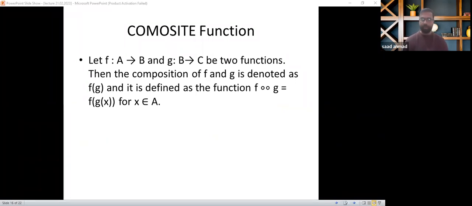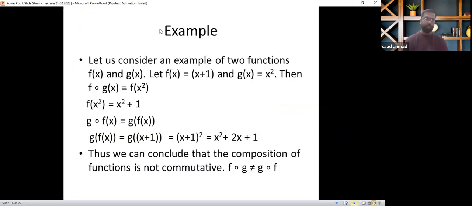Okay, let's see some examples, and then we'll also see quickly, if we get the time, a little bit about the domain and range for this. Let us consider an example of two functions, f of x and g of x. f of x is x plus 1. This is our first function. The second function, g of x, is x squared.